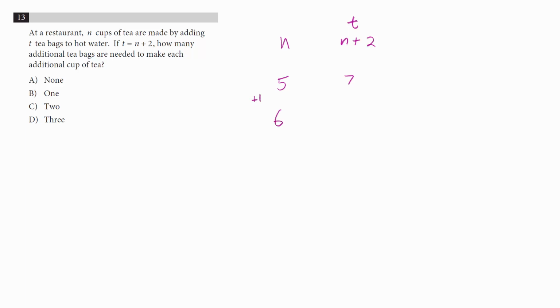If we want to make one more cup of tea, that means 6 plus 2 tea bags, which means 8. So when n goes up by 1, t also goes up by 1. How many additional tea bags are needed? Just 1. Option B.